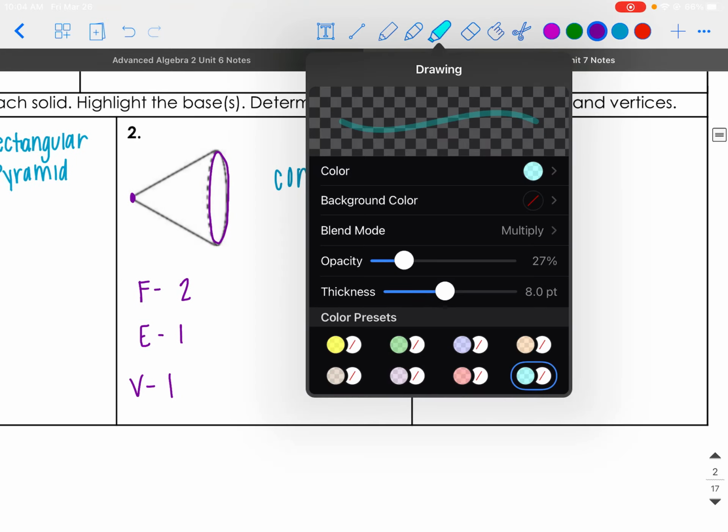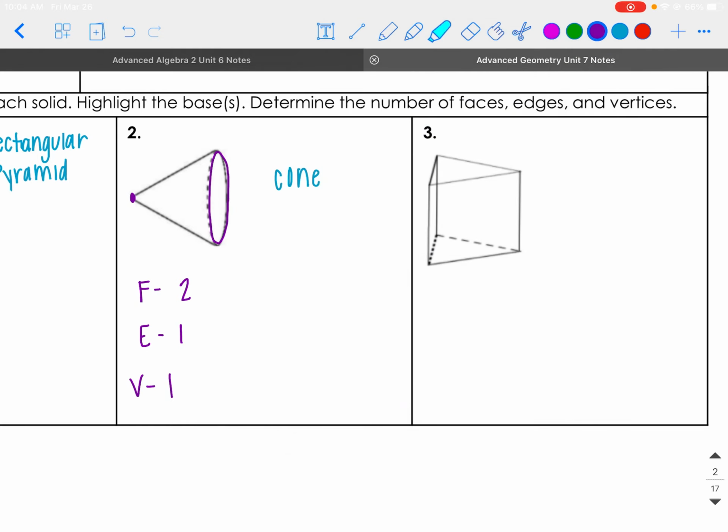Number 3. This one is a prism. We don't all go up to 1 point. And here are my identical parallel bases. And since they're triangles, that means it's a triangular prism.